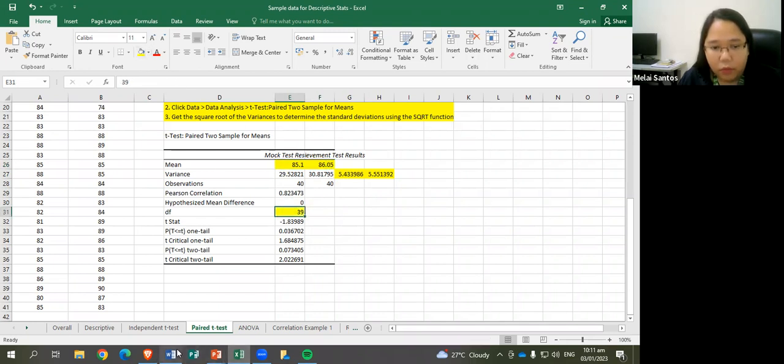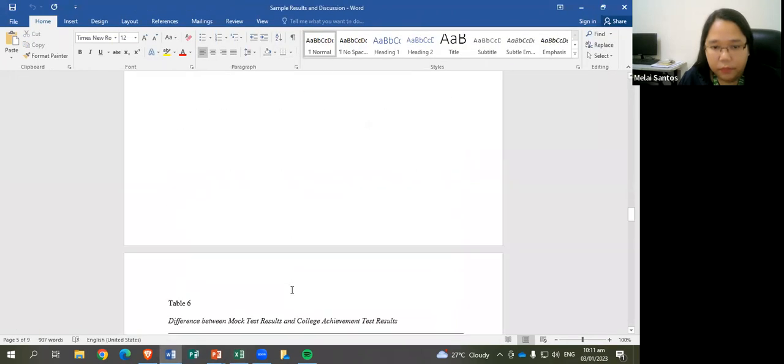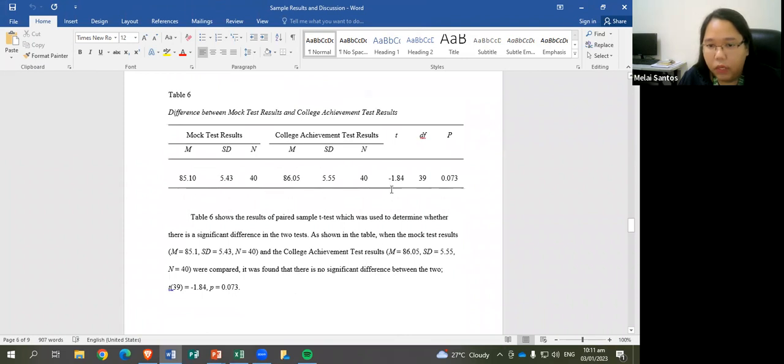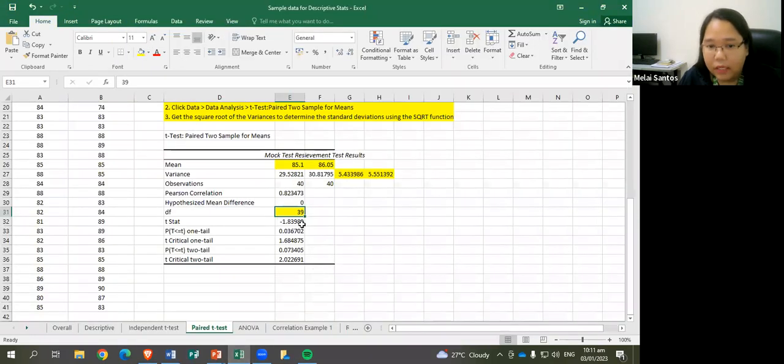And then we go to your Word. So what do we need? We need the t value and the p value. Where is that t value? T stat. Ma'am, why is it negative? Why do you think it's negative?